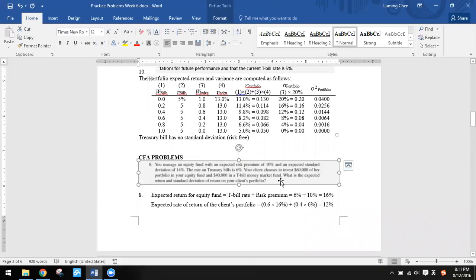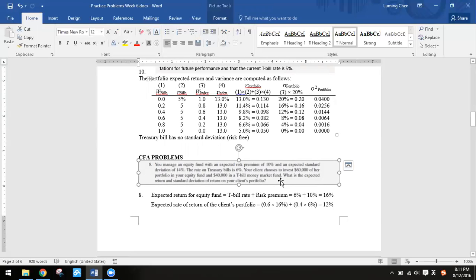CFA problems. Number 8. You manage an equity fund with an expected risk premium of 10% and an expected standard deviation of 14%. The rate on Treasury bills is 6%. Your client chooses to invest $60,000 of her portfolio in your equity fund and $40,000 in a T-bill money market fund.